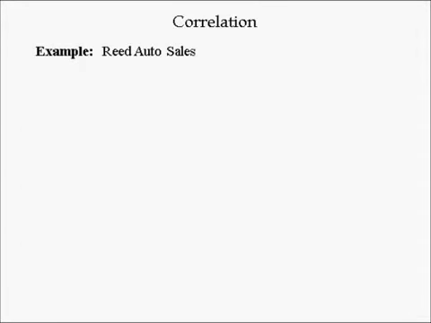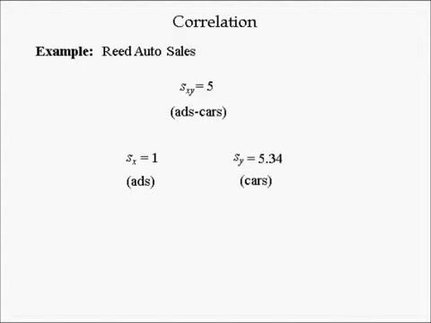In the Reed Auto Sales example, the sample covariance, S sub xy, was equal to 5 ad cars. The sample standard deviation of x, S sub x, was equal to 1 ad. The sample standard deviation of y, S sub y, was equal to 5.34 cars.